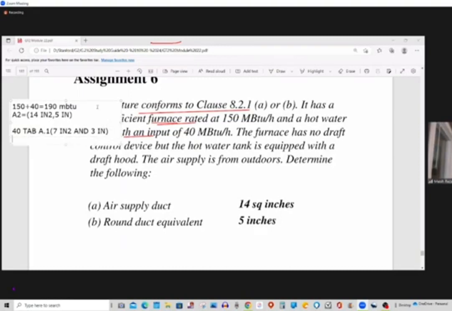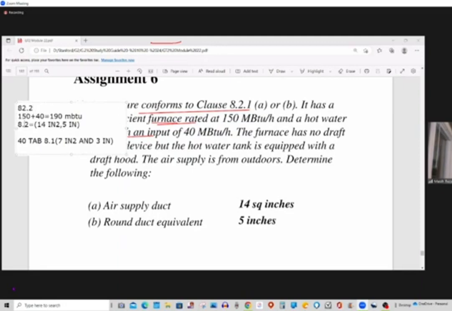Yesterday, first we go to table A1, look at it, and we get this one. Second, you add them together and go to this one, which is 8.2.2. Class number 8.2.2, you go and you get this one.